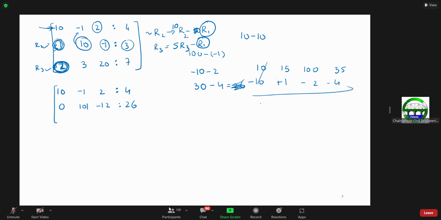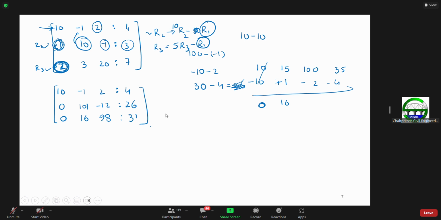So it will be 0, and this one will be 16, and then 0. This will be 16, and this one will be 98, and 98, and then this one will be 31.